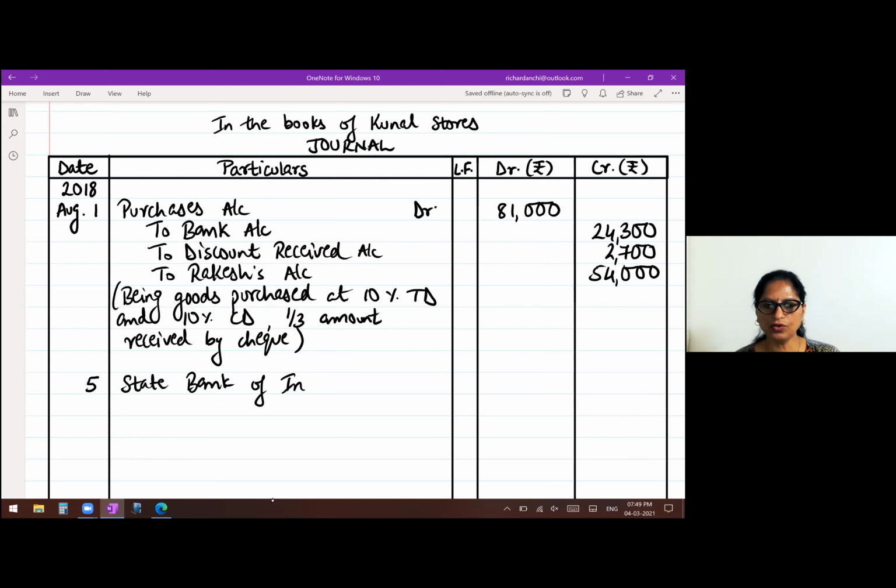Since the name is given, you will write the name 60,000 to cash account 60,000. Narration being current account opened.